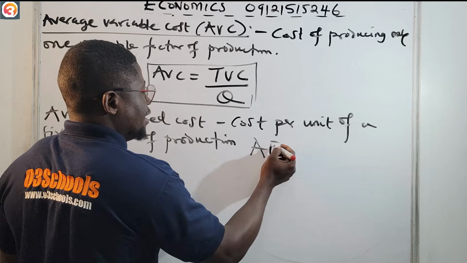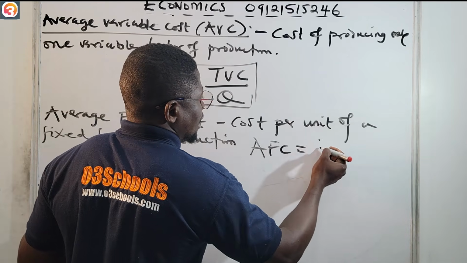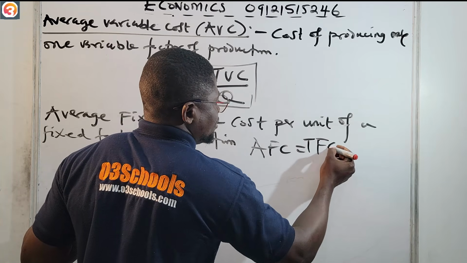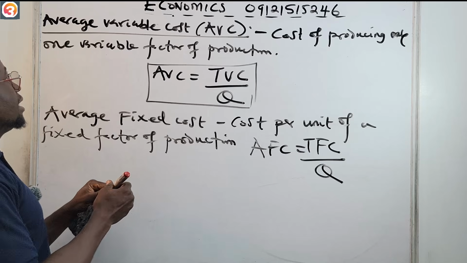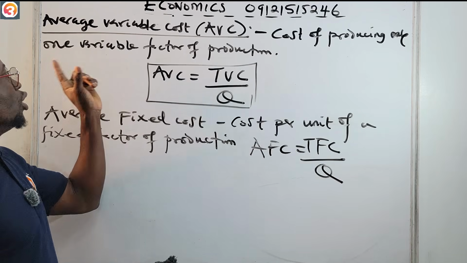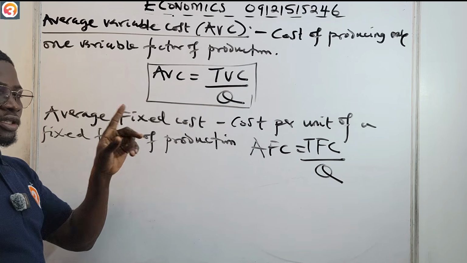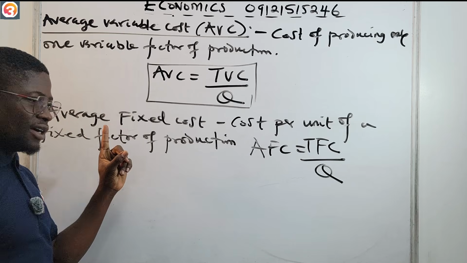So AFC will be TFC, that is total fixed cost over Q. Since average variable cost is the cost of producing only one variable factor, average fixed cost is the cost of producing one fixed factor.